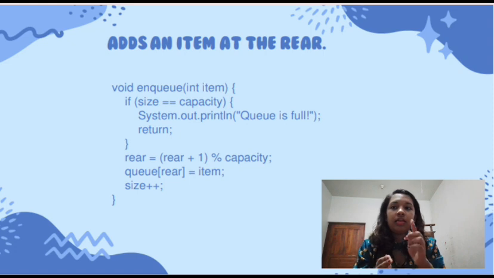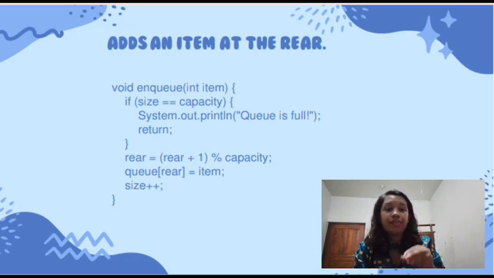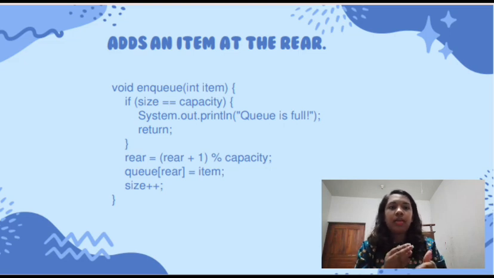You can see that as rear plus 1 modulus capacity. This code line helps to move rear to the next position, and if rear reaches the last position, modulus makes it wrap around to 0, which means a circular queue.